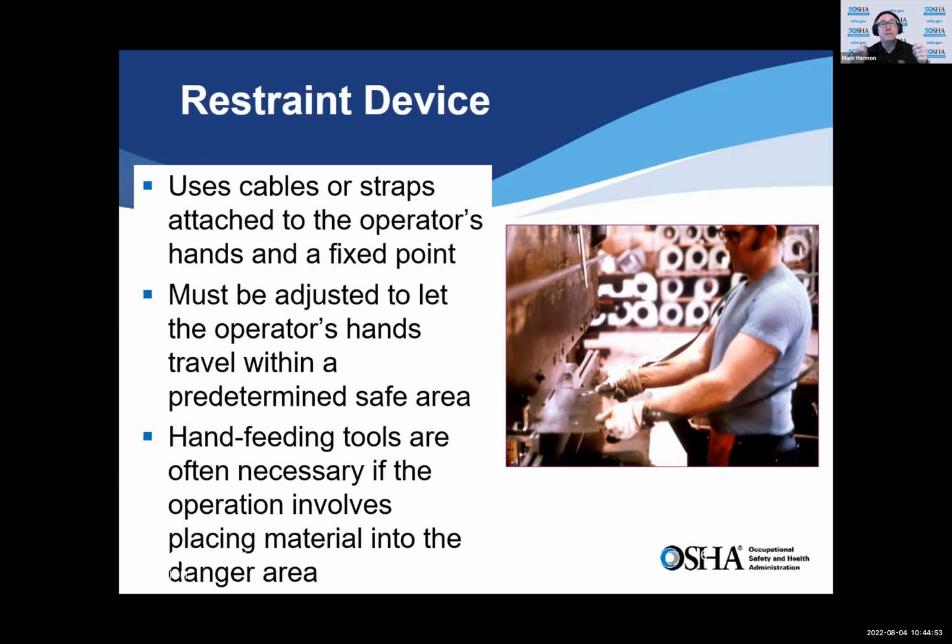So you get a pair of 12-inch pliers so you can reach that last 12 inches to get you inside the machine. So again, restraints, we see them on machines sometimes. The one in the picture looks like a press brake. Again, common piece of equipment, machine shop. And restraints are, I would say, an acceptable form of safeguarding.